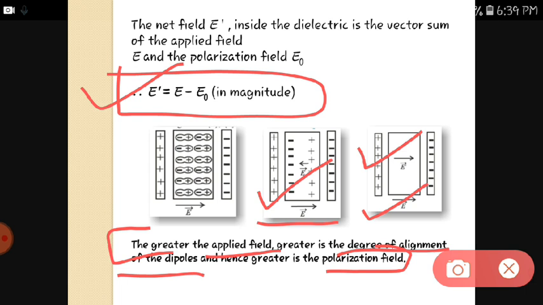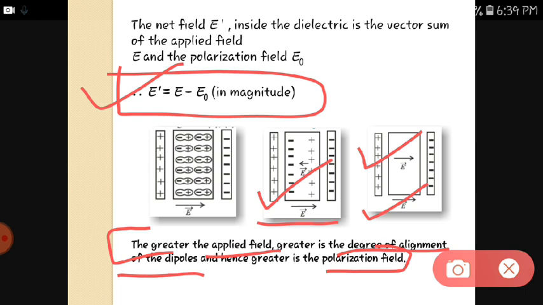Now I will tell you one more thing, which is if we apply a large enough electric field, we can ionize the atoms and create a condition for electric charge to flow like in a conductor.